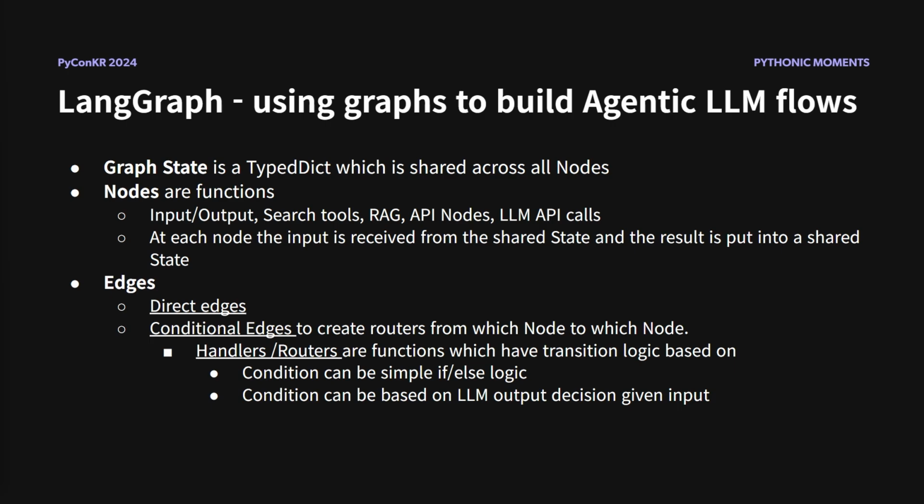Direct edges control the basic flow, while conditional edges have handlers deciding which node to go to next. Handlers in LangGraph manage transitions using logic based on simple if-else conditions, or even decisions made by language models based on their output.